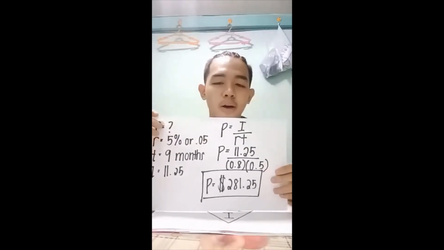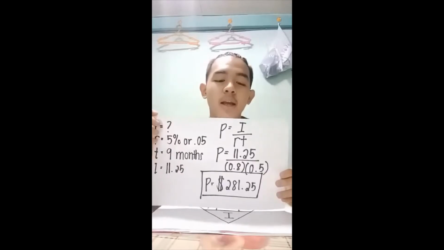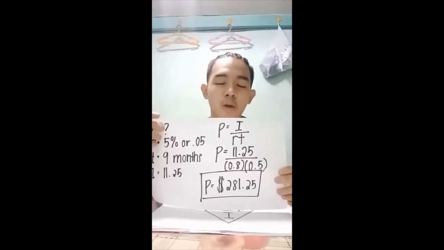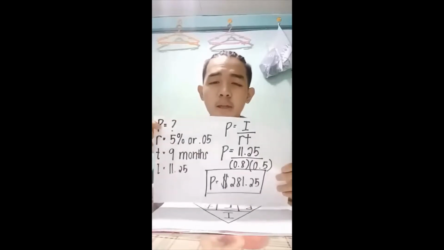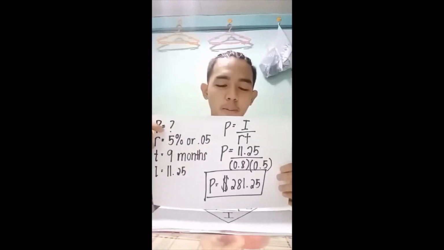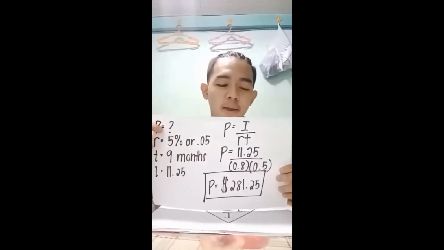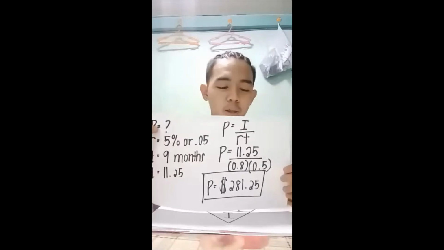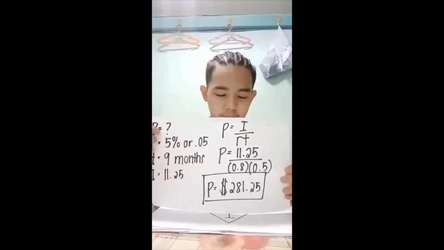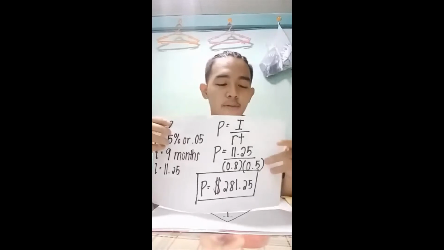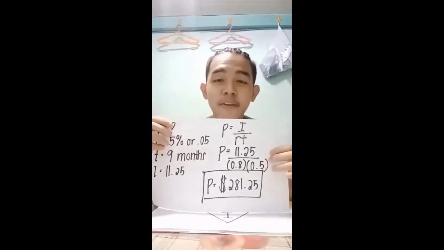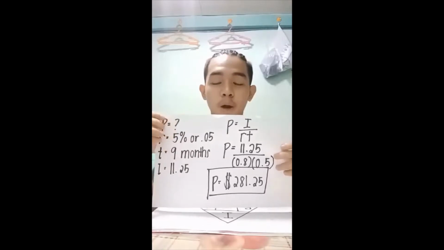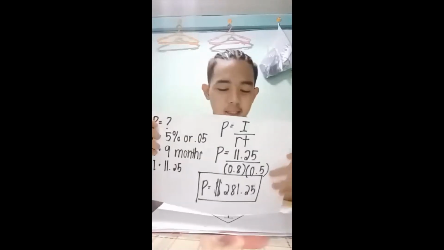The formula for the principal value is interest over rate times time. So just substitute. Principal value is equal to 11.25 over 0.05 times 0.75. Just put it in your scientific calculator. A scientific calculator is very important in these kinds of problems. It will help you a lot.